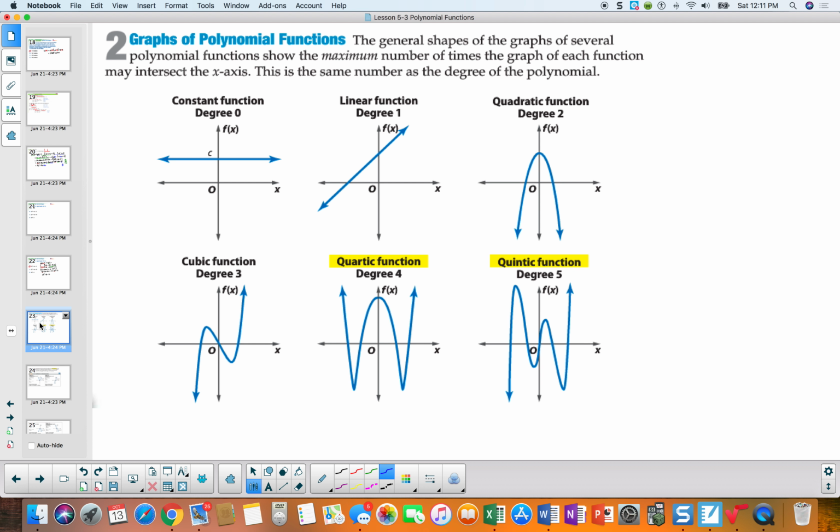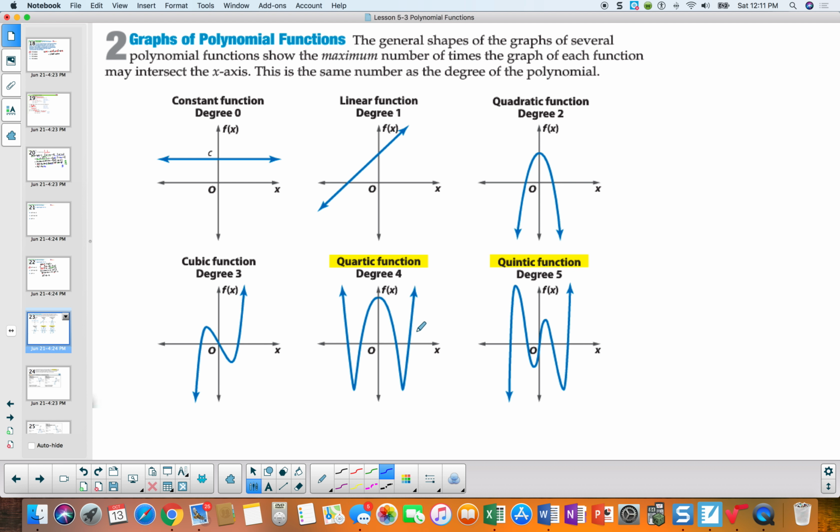Let's take a look at the graphs of polynomial functions. A constant function looks like this. It's a horizontal line. A linear function, degree 1, has some kind of slope. Quadratic could be a parabola going down or a parabola going up. Cubic has this characteristic: one end is going in one direction and the other end is going in the other direction.